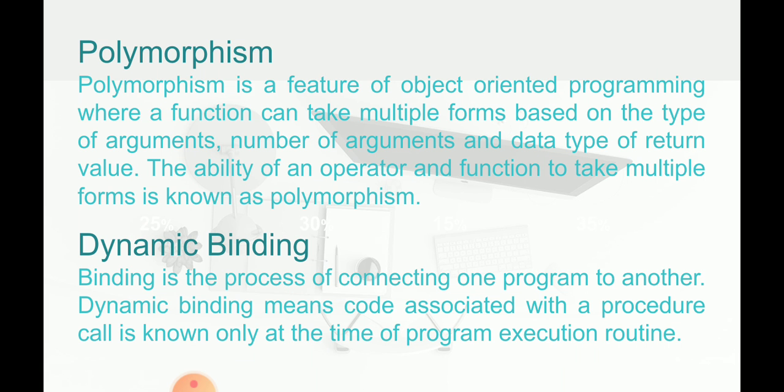For example, if shape is an inherited base class, then under shape there will be three classes: triangle, rectangle, circle. Shape is the parent class, and from shape you have triangle, rectangle and circle as the inherited or child classes.